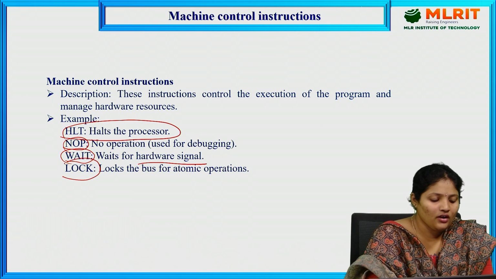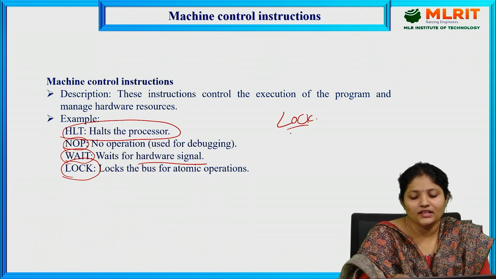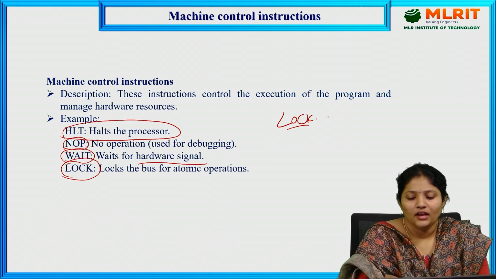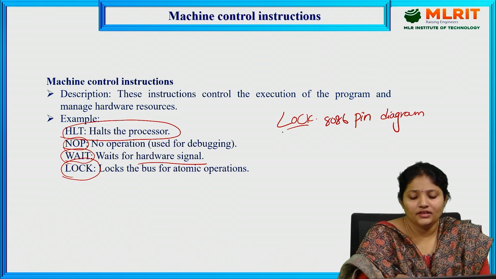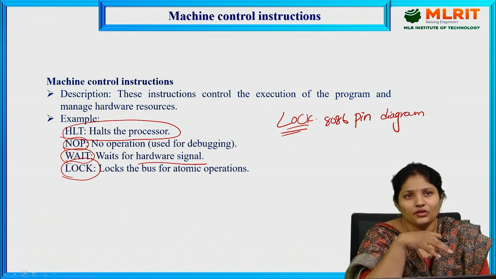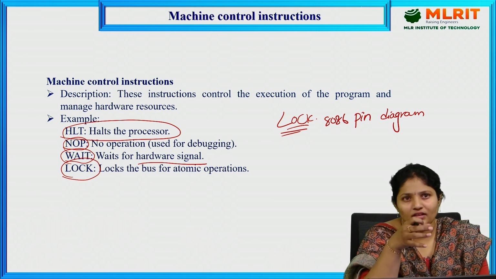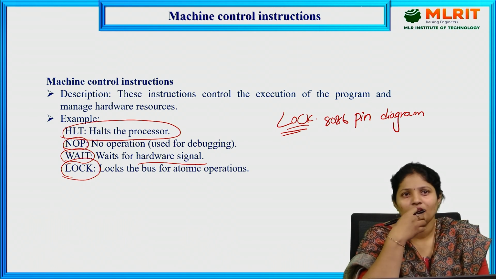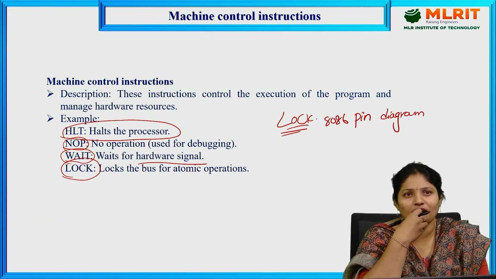And next, the LOCK instruction. I have already explained the LOCK instruction in the 8086 pin diagram. Whenever the processor is executing a program, it need not give the system buses to the other processors or other peripherals which are asking for the buses of the 8086 microprocessor.